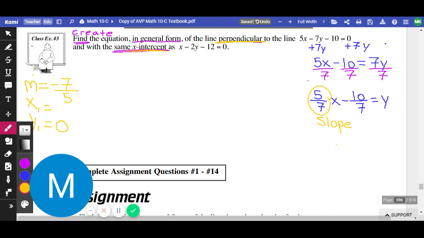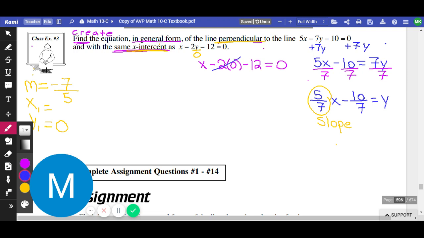I also now know how to find my x-intercept. I find my x-intercept by changing my y value in this line to be 0. And that'll give me my x-intercept. So to solve that, I have x minus 2 times 0 minus 12 equals 0. 2 times 0 cancels.